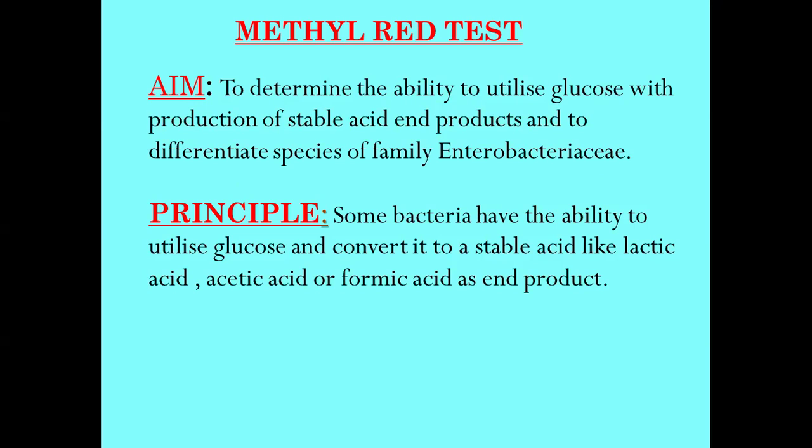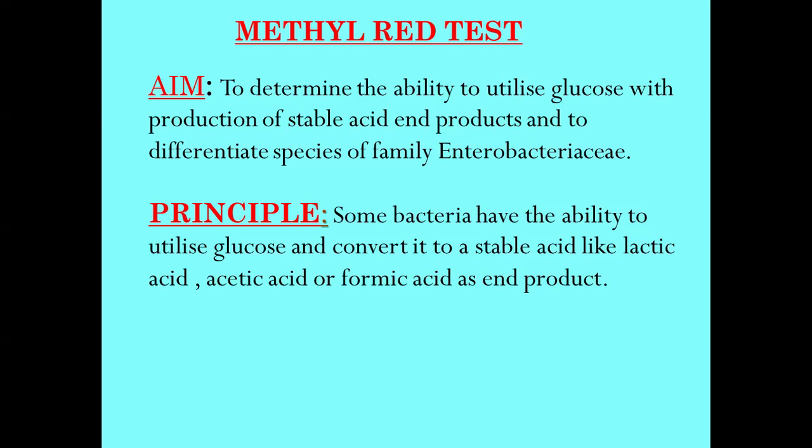Now we'll come to the second test, the IMViC methyl red test. In this test also, we are differentiating and identifying the enteric organisms. In this case, we determine the ability of the organism to utilize glucose and produce a stable acidic end product.